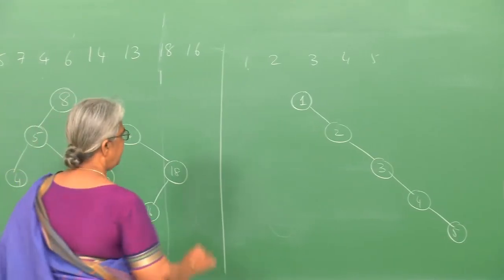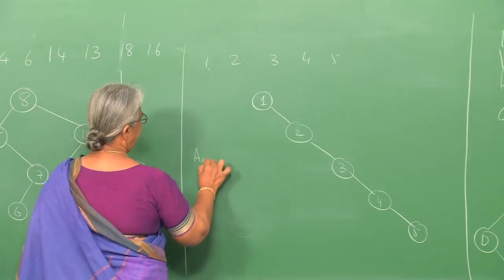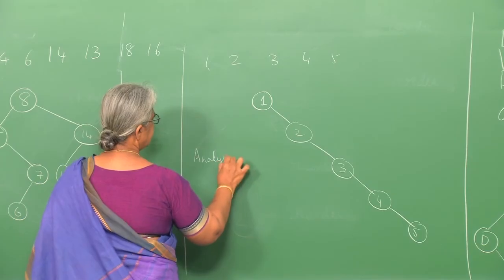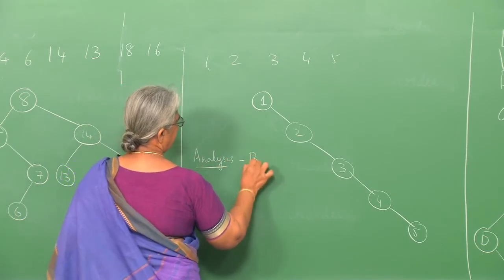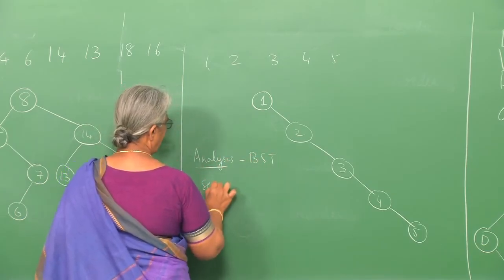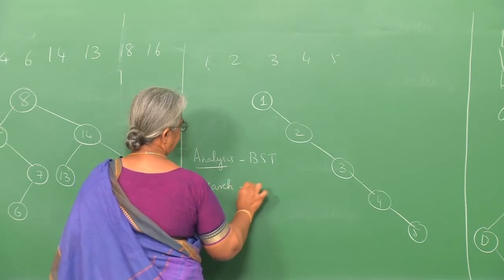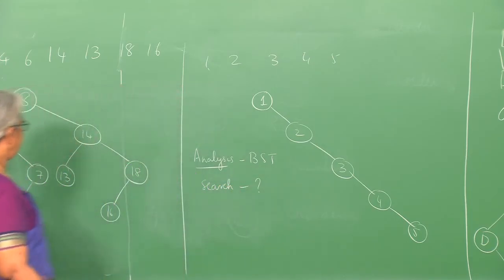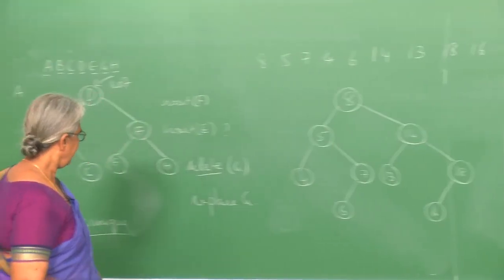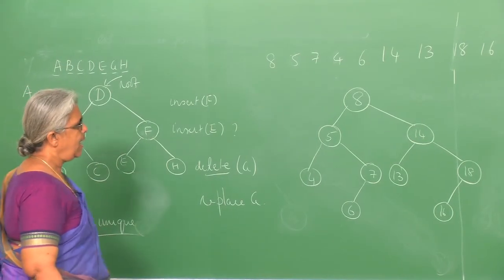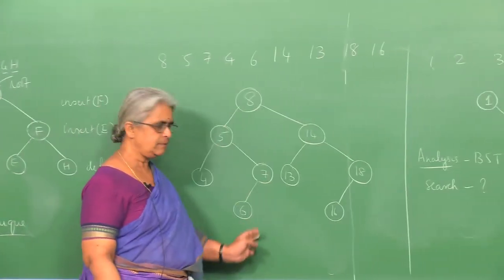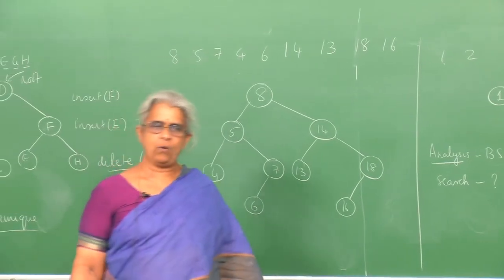So, let us do some analysis of the complexity of this binary search tree. What is the cost of search now? How expensive can search be? Clearly, in the worst case, I may have to traverse down the height of the tree. Now, what is the height of the tree?